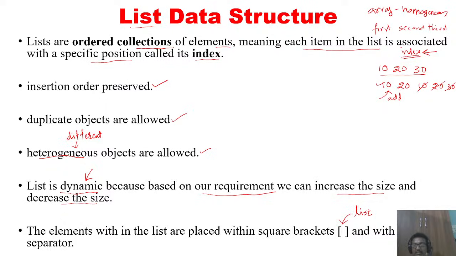The elements inside the list are separated with a comma. It should begin with a square bracket and end with a square bracket. This is how a list is represented in Python. Got it?